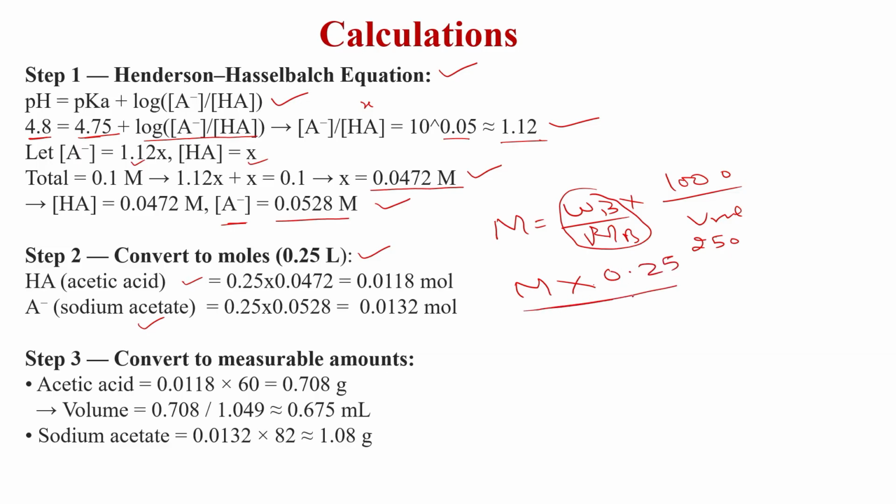So for acetic acid the number of moles will be 0.0118 mole, and for acetate ion 0.0132 mole.